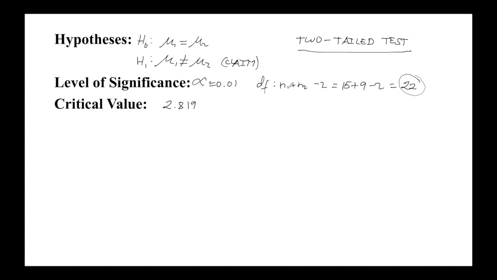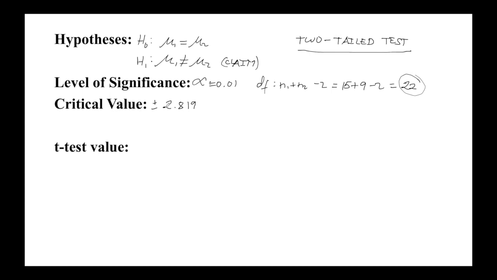And since this is a two-tailed test, there must be a plus and minus sign, or positive and negative sign. Meaning to say, we have two critical values here, positive 2.819 and negative 2.819. Visually speaking, these will be at both tails of our normal distribution curve. Next, we can now have our solution for the t-test value.